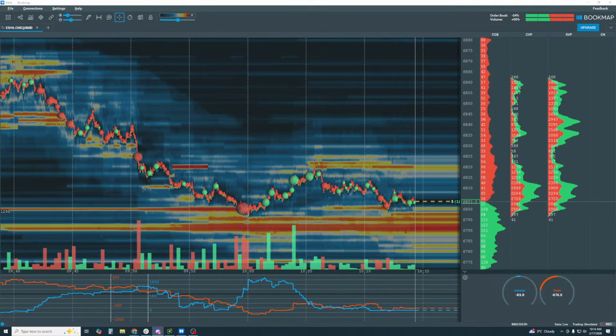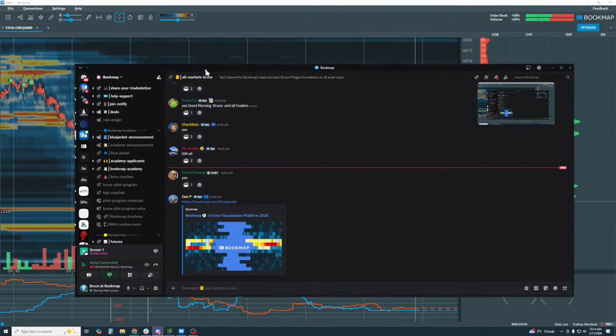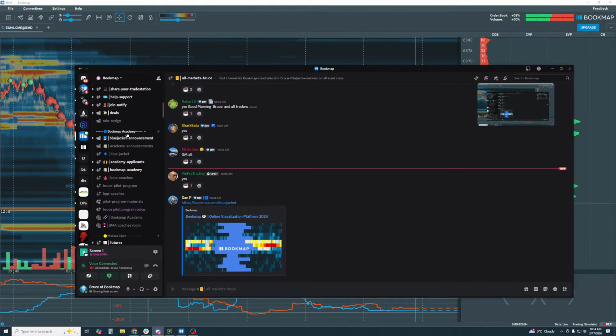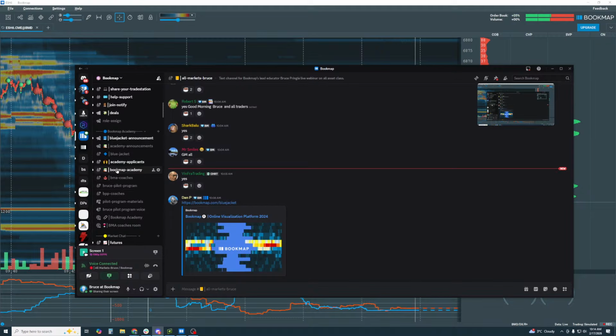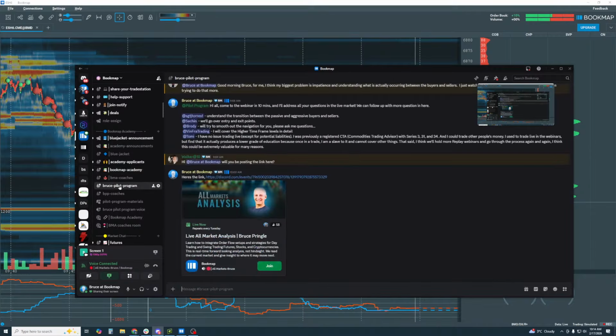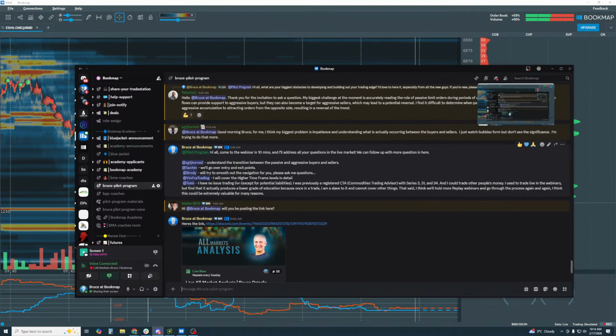All right, so let me see here. It is underneath right here, Bookmap Academy, the divider here, and here's the chat room here, and the materials are in here, etc. So you'll see the Bookmap Academy link right here. So let's go to the pilot program, and here's the agenda for today.